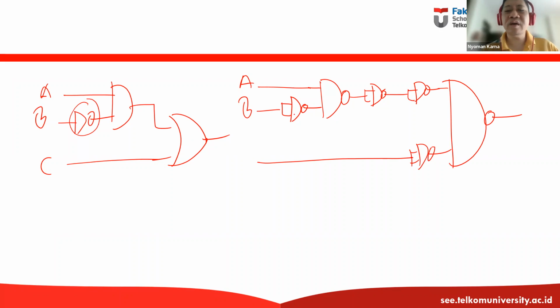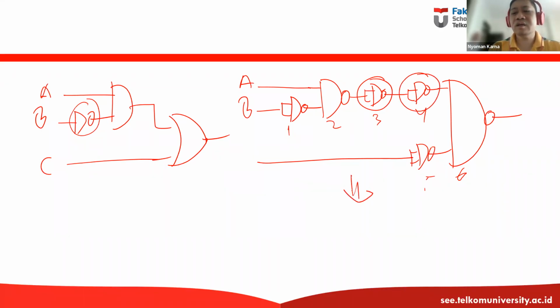So in here we have what? 1, 2, 3, 4, 5, 6 NAND gates. However, if you can see in here, we have an inverter and also an inverter. So we can actually simplify this circuit to become like this.